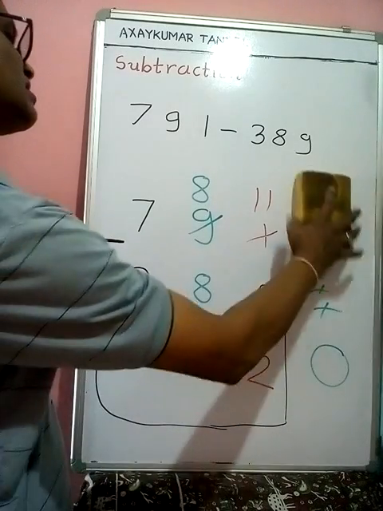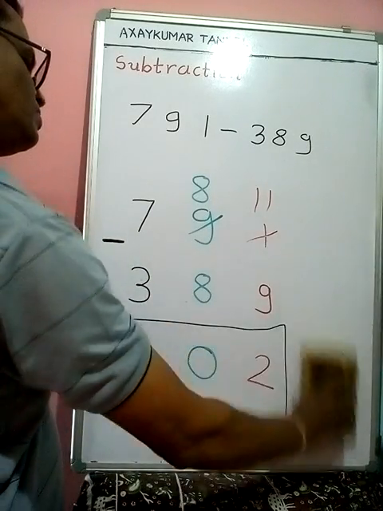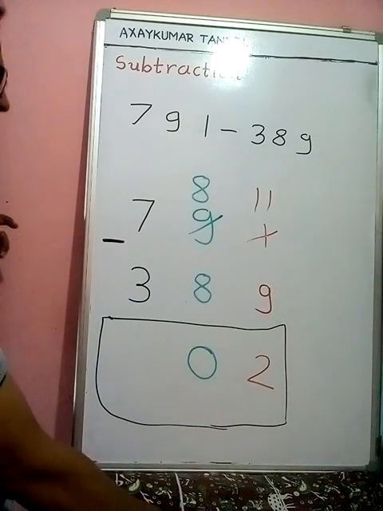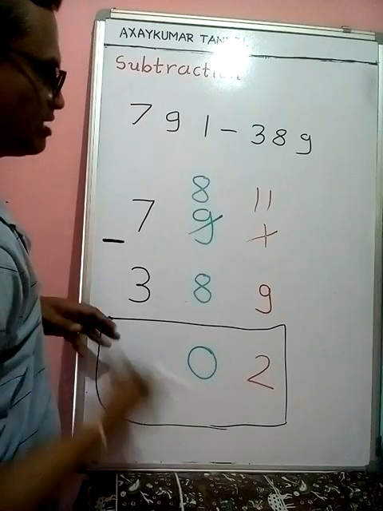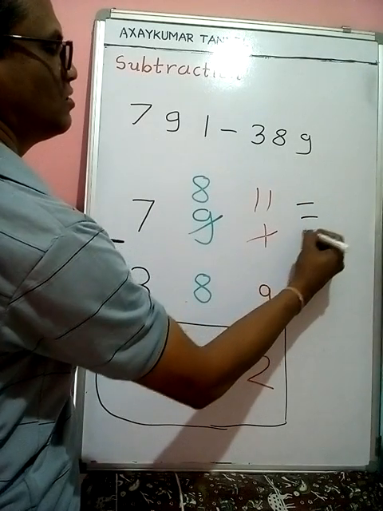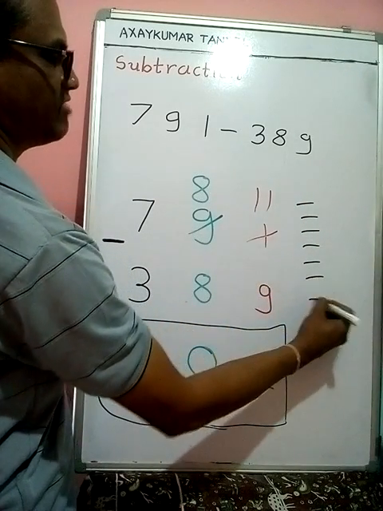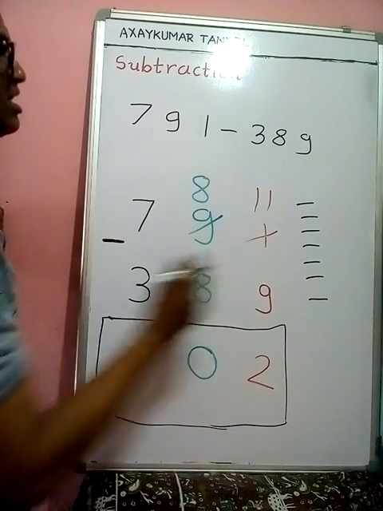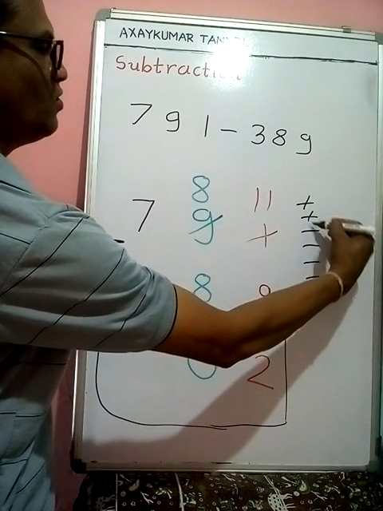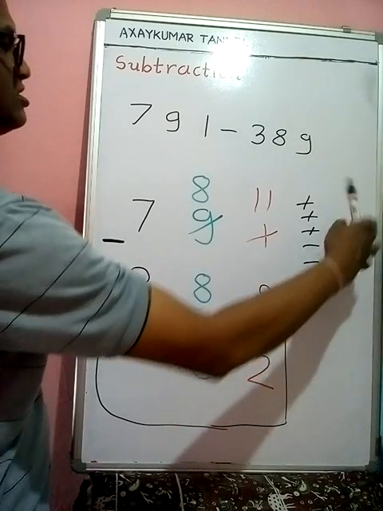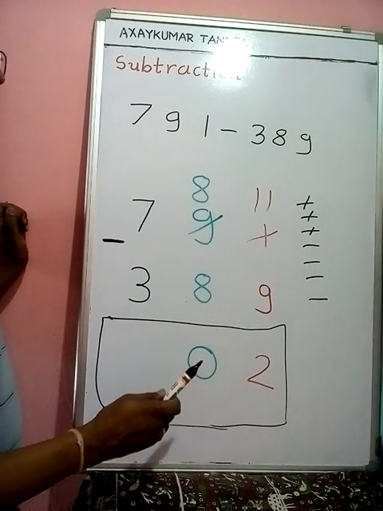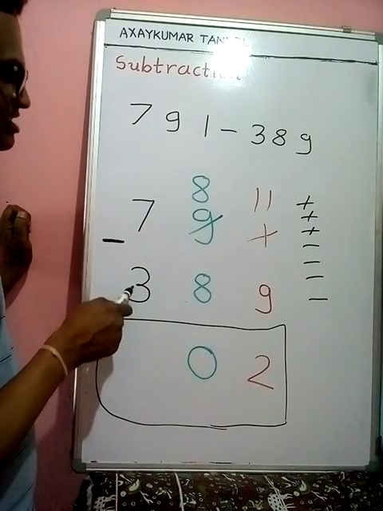Now subtract last column, hundreds column. 7 minus 3. We draw 7 lines. 1 2 3 4 5 6 7. Cutting how many? Subtract 3. 1 2 3. 3 time cutting. 7 minus 3.